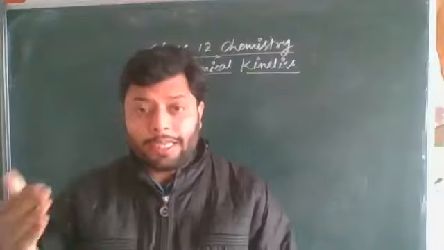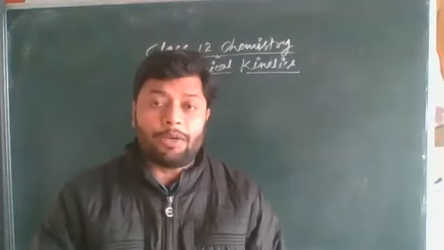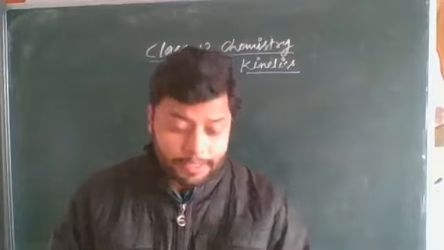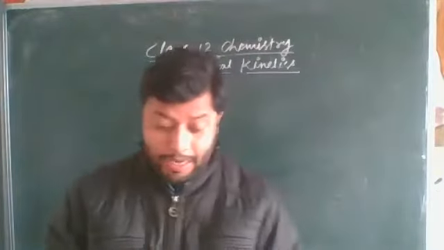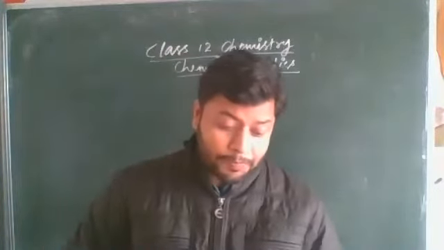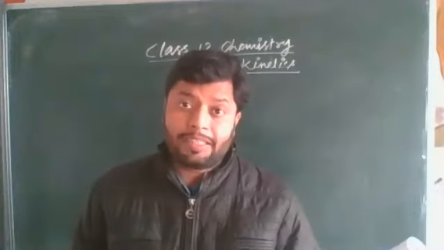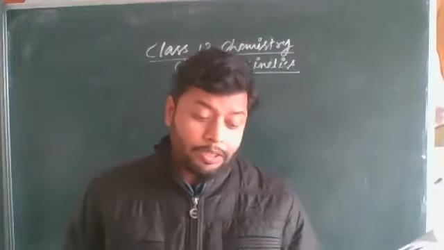So before going to the next topic, the very first topic about the rate of reaction, first let us introduce what is given in the NCERT, and for that let's discuss some of the examples given in the NCERT book.